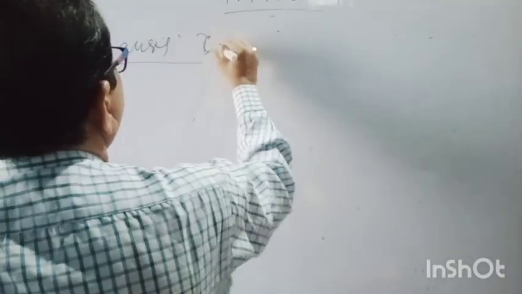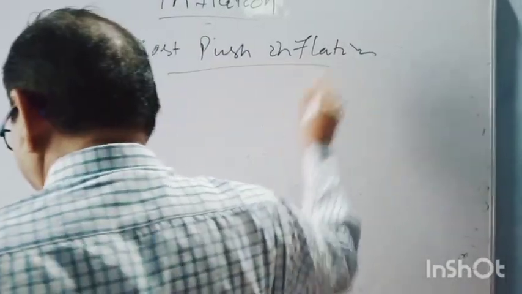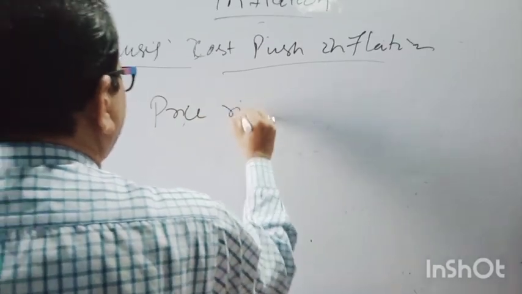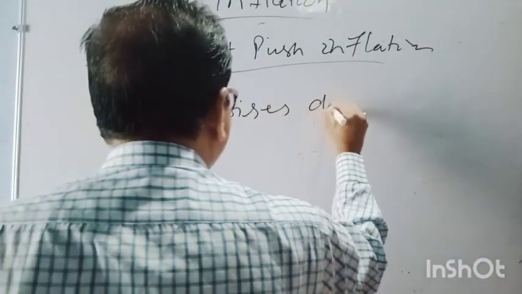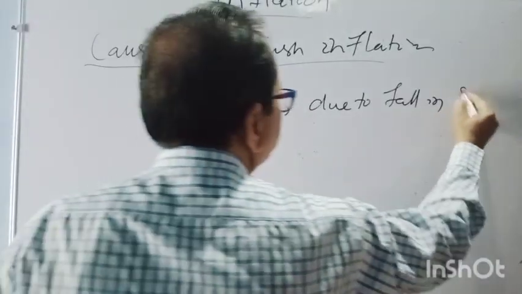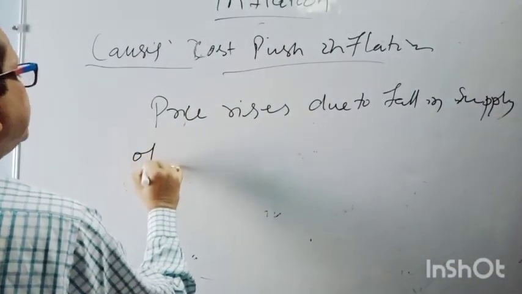Causes of cost push inflation. Cost push inflation means the price rises due to a fall in the supply of essential goods.